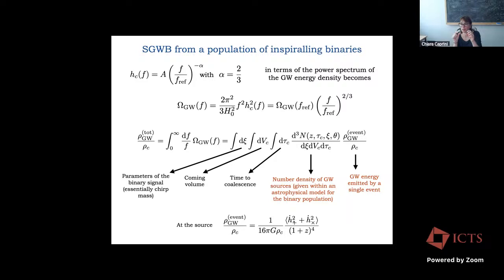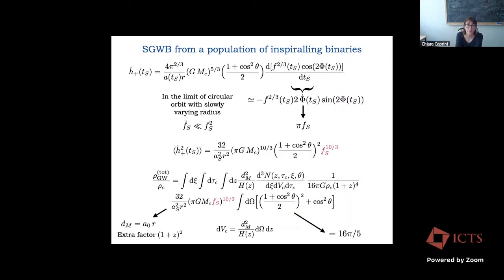Here I just rewrote ij as plus and cross polarizations, and the product becomes a sum. You can demonstrate this with a straightforward calculation. And there is a factor (1+z)^4 for the gravitational wave emission at the source. Now, let's see what this quantity is before we substitute it in here.